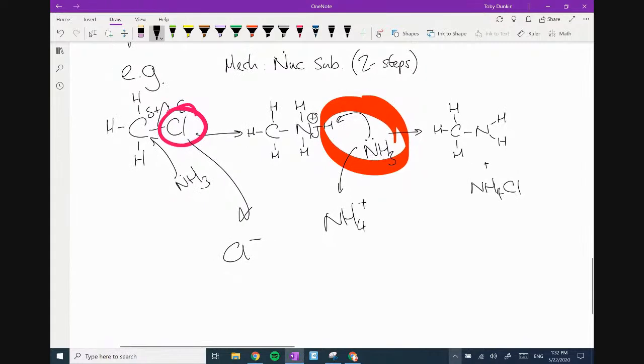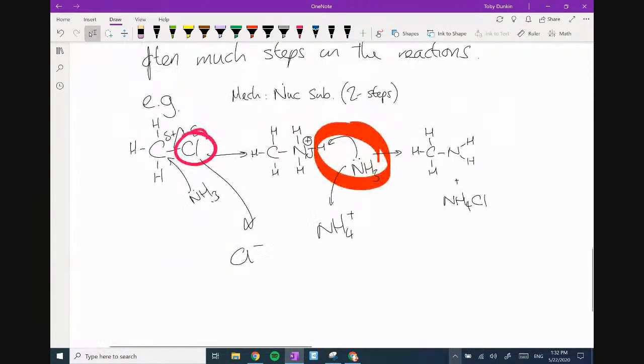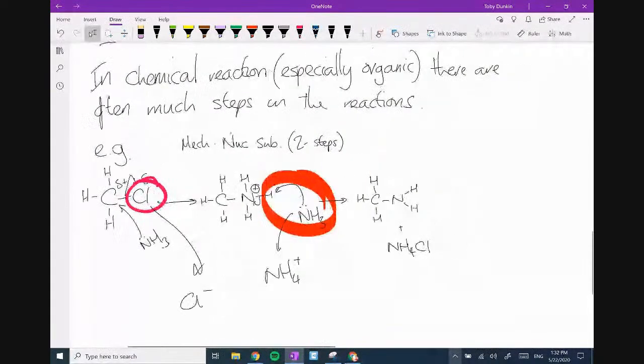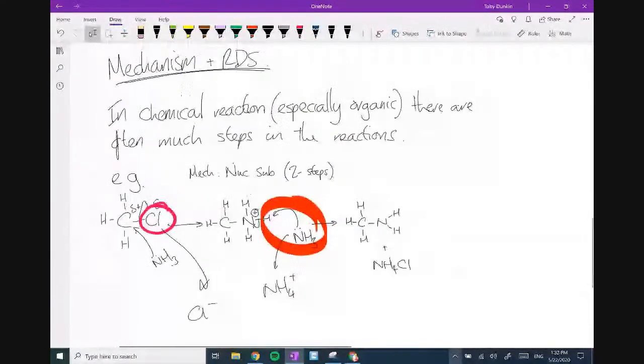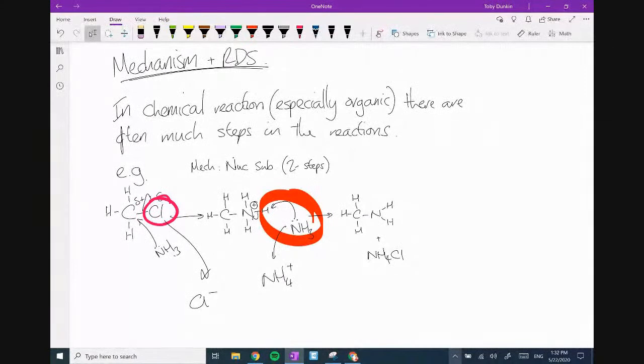And it's 2 steps. Now, what this means is, if there's 2 steps, this is very similar to going on a car journey with 2 separate stages. Everyone would agree with me if I say this.